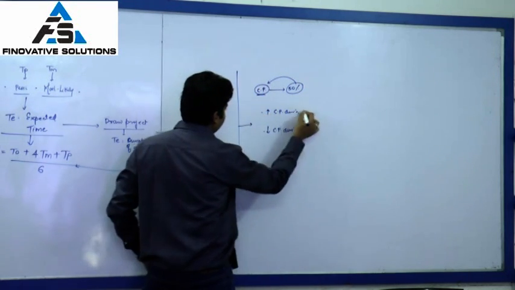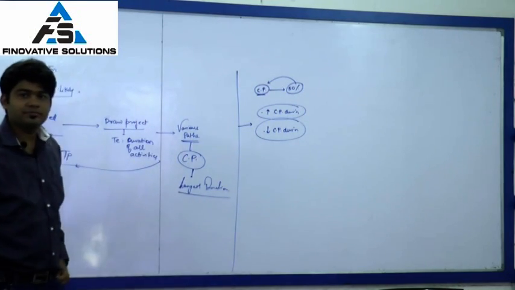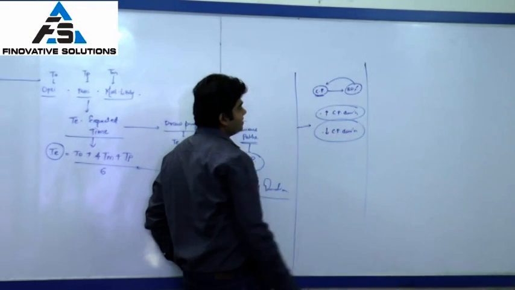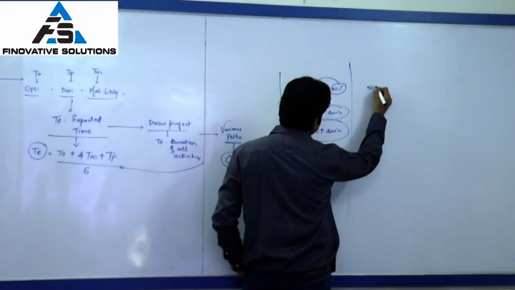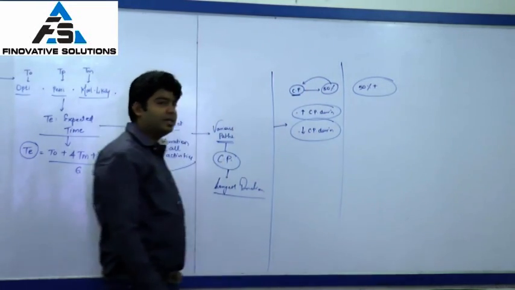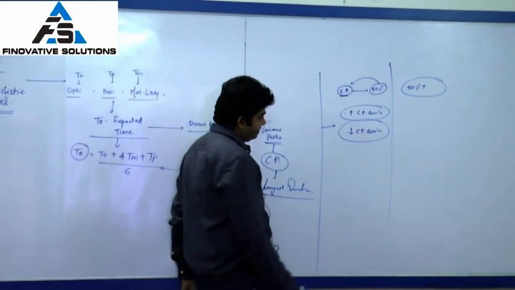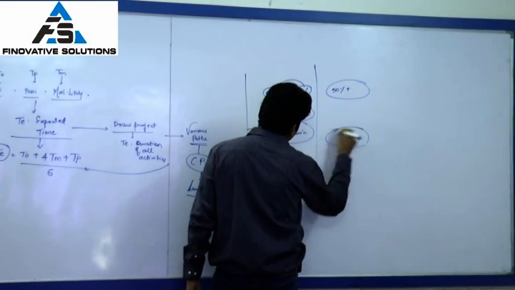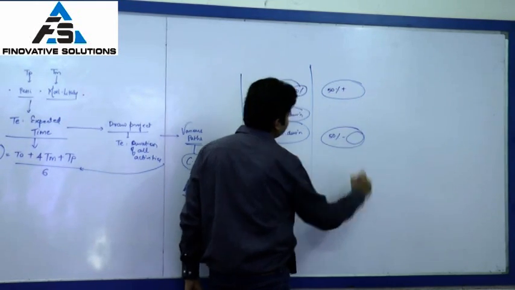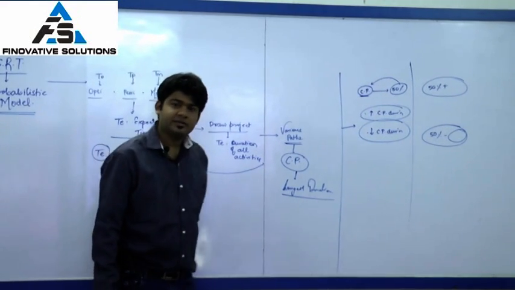If it is more than the critical path duration, then obviously chances are that the project will be completed with a probability which is higher than 50%. However, if I am given a lower project completion time, then in that case it will be less than my 50% time that I usually will take.